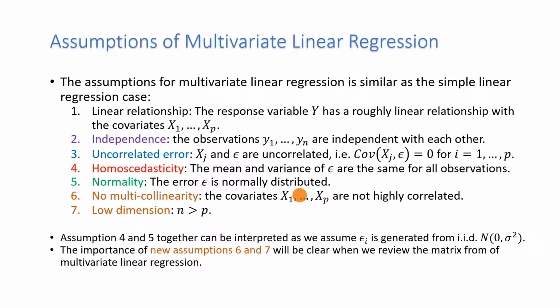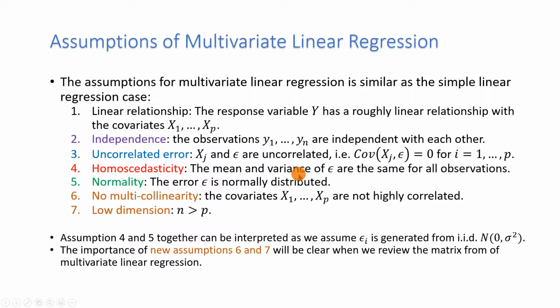When you fit this linear model, you only get a good estimate for beta 1 plus beta 2, but there are infinitely many possible ways to decompose the sum of beta 1 and beta 2 into two numbers. So in other words, you are not able to identify beta 1 and beta 2 simply because x1 and x2 exhibit perfect collinearity. That will cause an issue for fitting a multivariate linear regression.